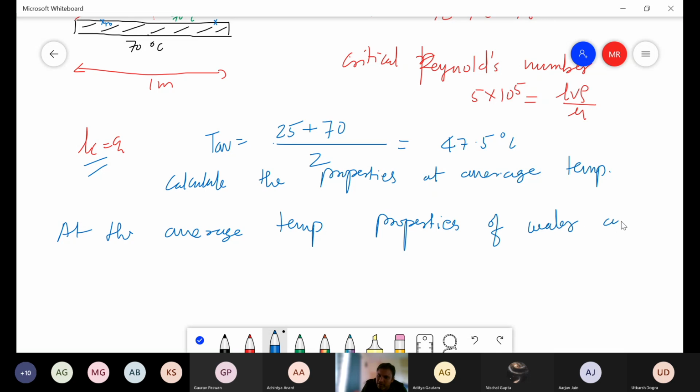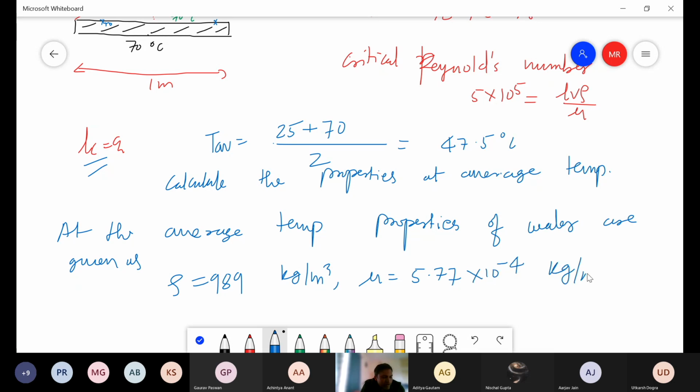So the properties of water are given as: rho comes out to be 989 kg per meter cube. Viscosity is 5.77 into 10 raised to power minus 4 kg per meter second. Specific heat is 4180 joule per kg per degree Celsius.